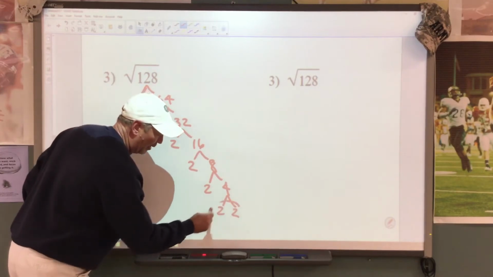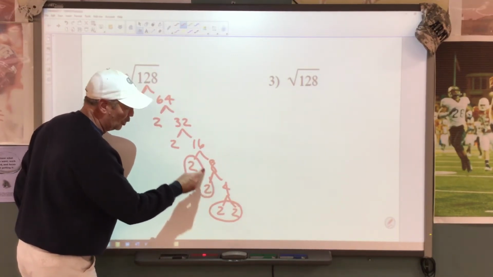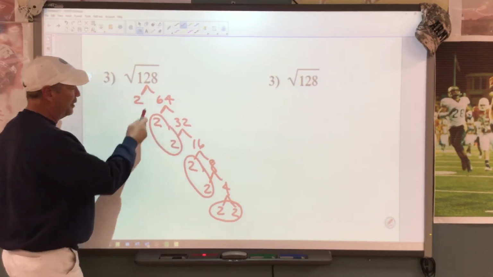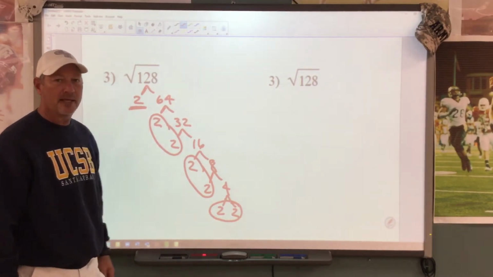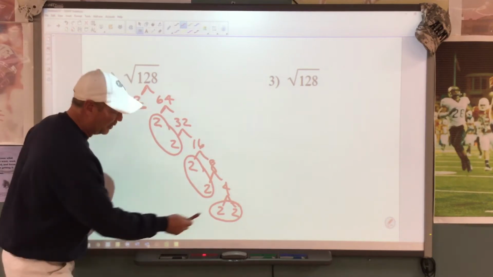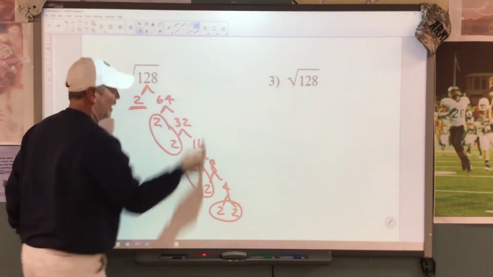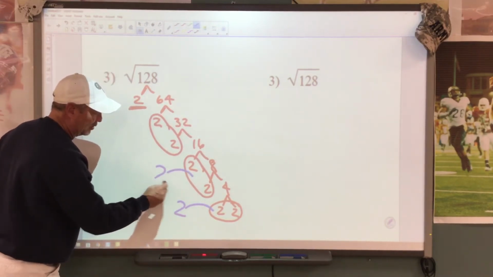Here is a pair of 2's. Here is another pair of 2's. Here is another pair of 2's. This 2 is not paired up. It does not have a mate. It doesn't have a pair. It has to stay home inside. But for every pair, let's change colors. This lets me take out a 2. This lets me take out a 2.